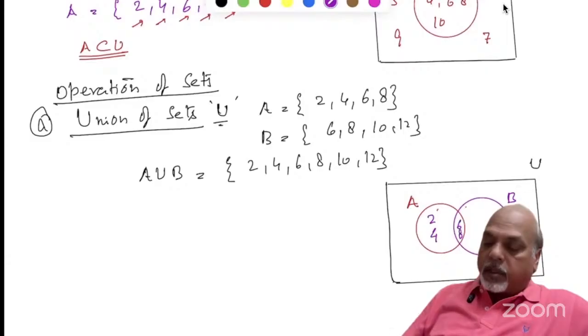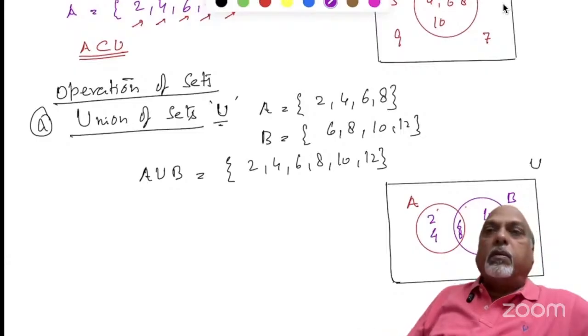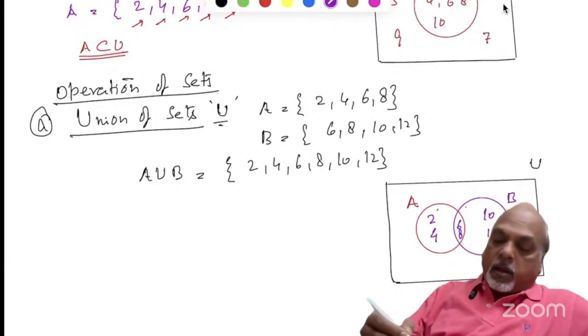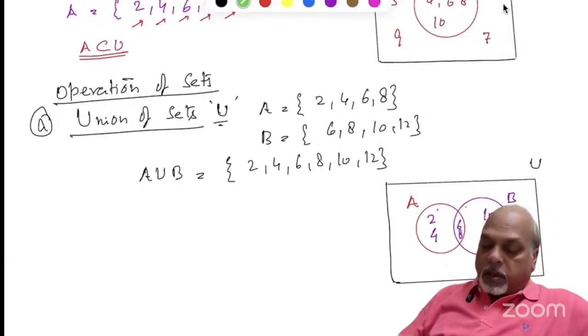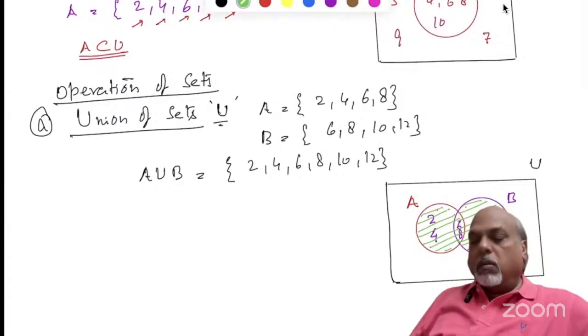So here we can write 6 and 8, and 10 and 12. Correct? So here, what is A union B? It is nothing but the complete region; this is the A union B, you can say.